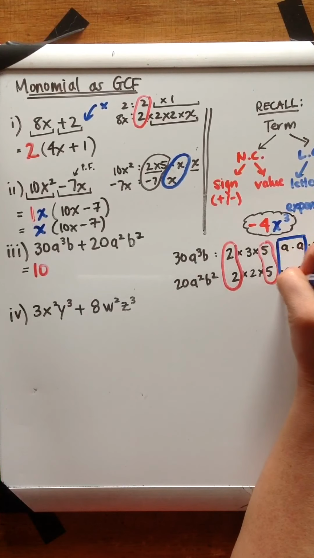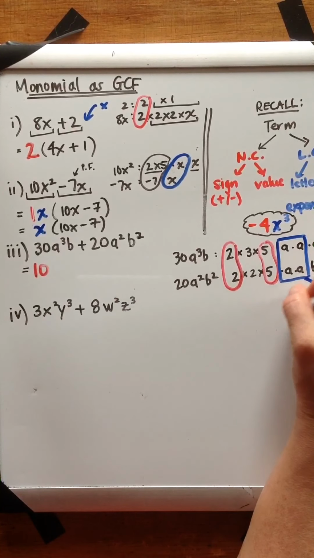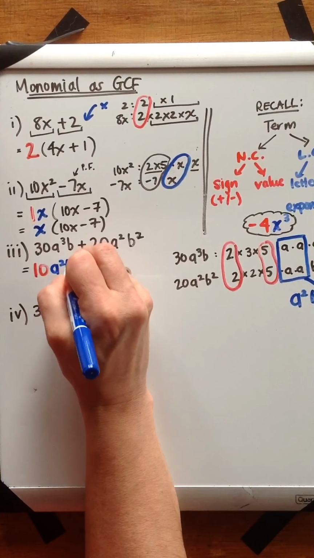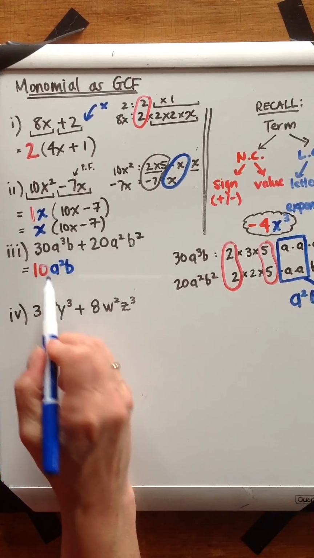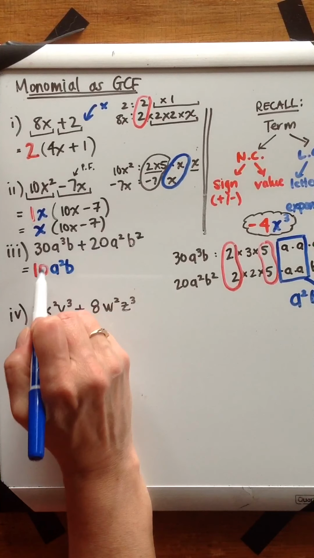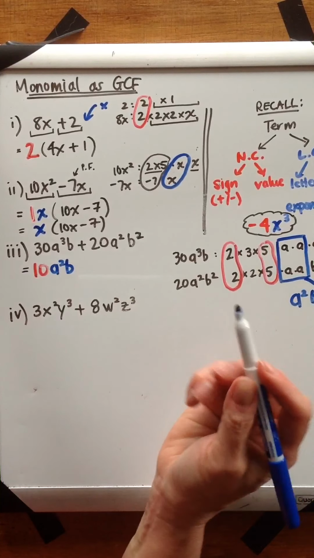Well, I see they both have two a's being multiplied by each other and a b. So together, that makes a squared b. Let's add that over here as the GCF. So this is the full GCF, or greatest common factor, for both of these terms, taking into account the literal portion of both of them, or sorry, the numerical portion and the literal portion.